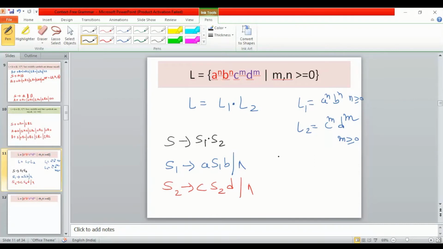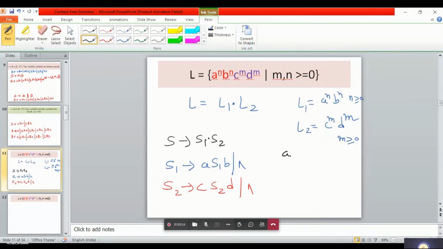So now if I want to derive a pattern like A, B, C, C, D, D, we'll start with S as the first symbol, the starting symbol of the grammar. Now this AB is generated from L1, and this CCDD will be generated from the other part, that is L2.